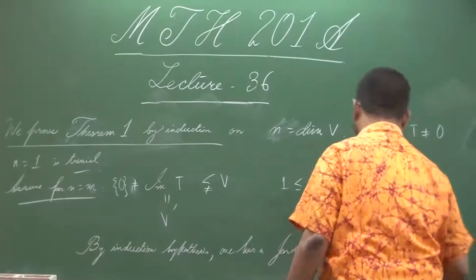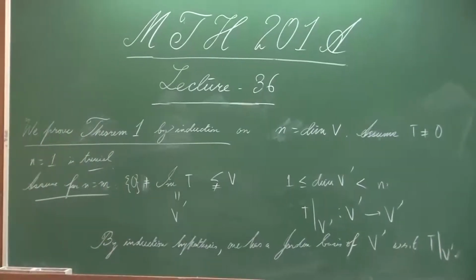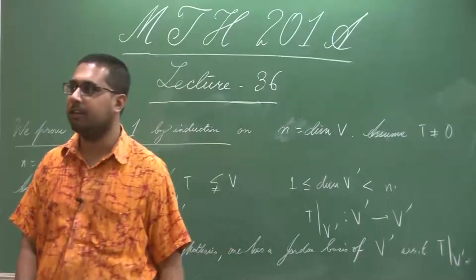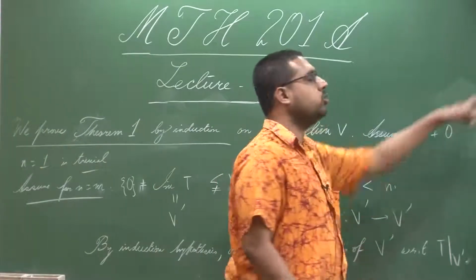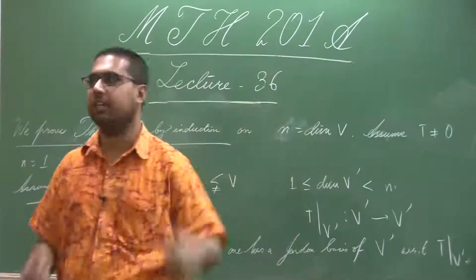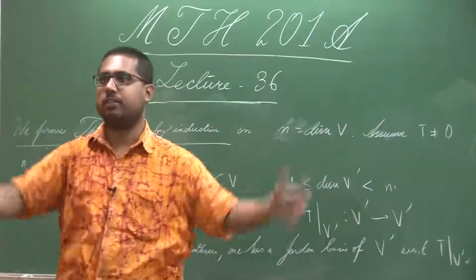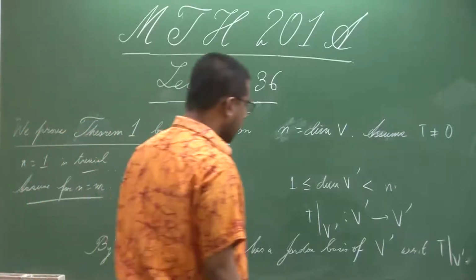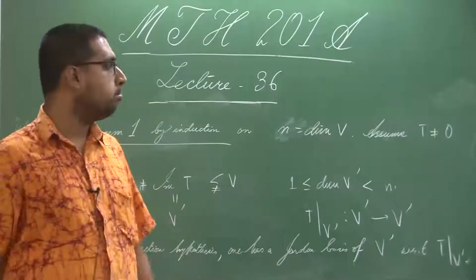So, our idea is the following: from that Jordan basis of V prime corresponding to the restriction operator, we will construct a Jordan basis of V for the original operator T. Okay.